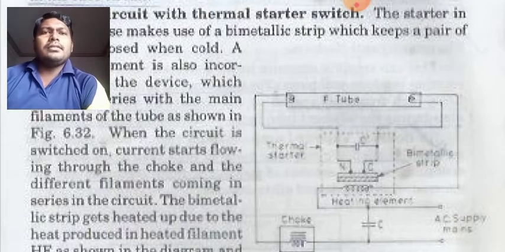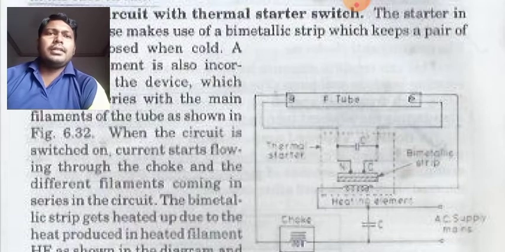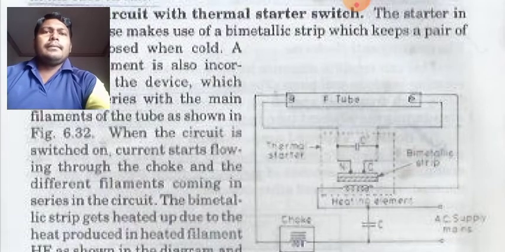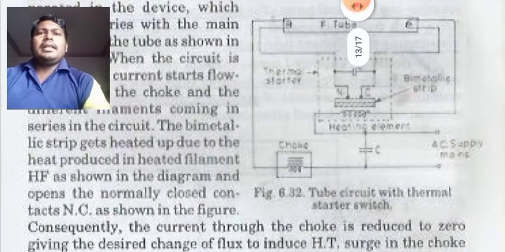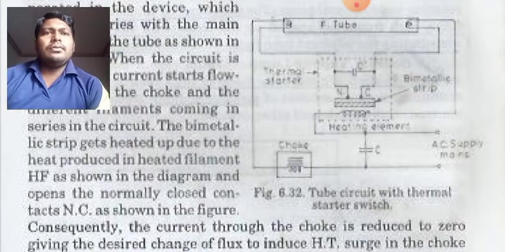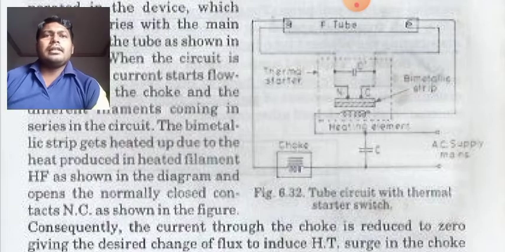The bimetallic strip gets heated up due to the heat produced in the heating filament, which is HF as shown in the diagram, and opens the normally closed contacts NC.